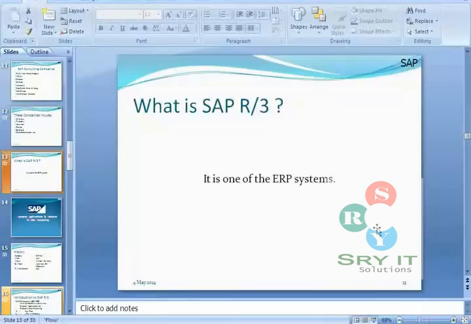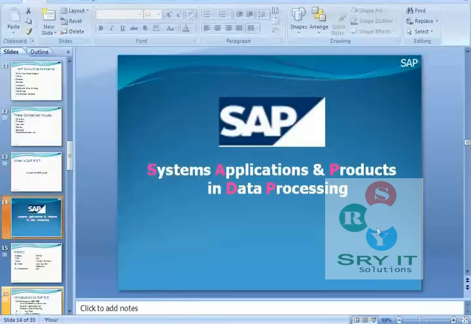So what is SAP R3? SAP R3 is one type of ERP system or ERP application. SAP full form is Systems, Applications, and Products in Data Processing, with real-time 3-tier architecture. N number of systems, N number of applications, N number of products can be processed in a single database.